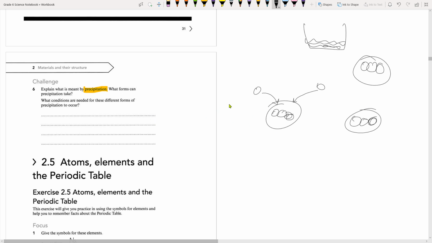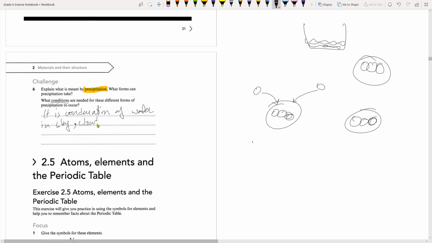So what conditions are required? One would be low temperature. And for the conditions, if we go for explain what is meant by precipitation, it is condensation of water in the sky, or clouds, you can say.